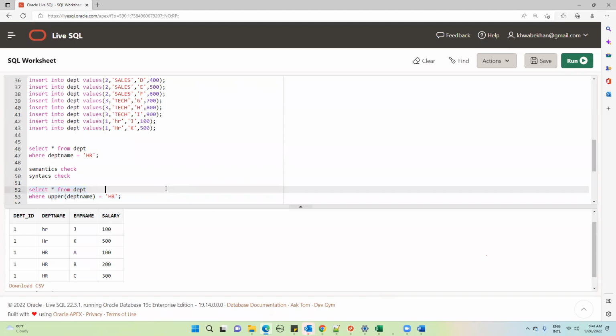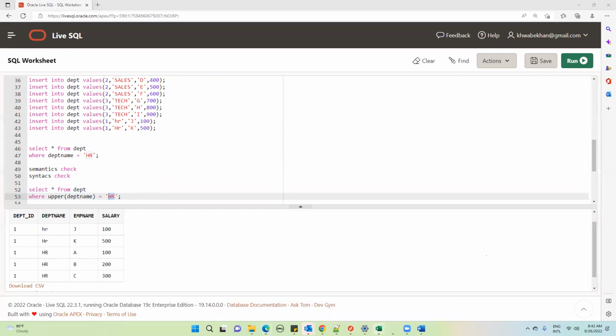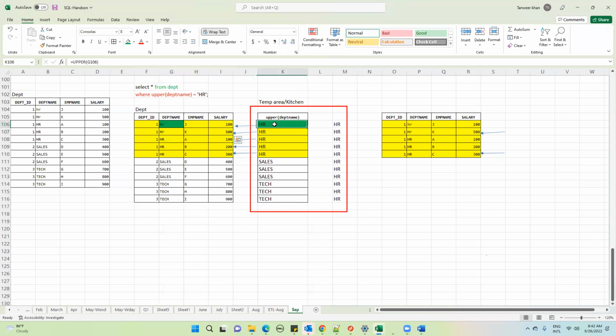Just one last thing: in case we are using UPPER, the value should also be in upper, right? Yes, this should be in upper. That is the right value to give. Because if you have converted everything to upper and you are searching in lowercase, it will never match.